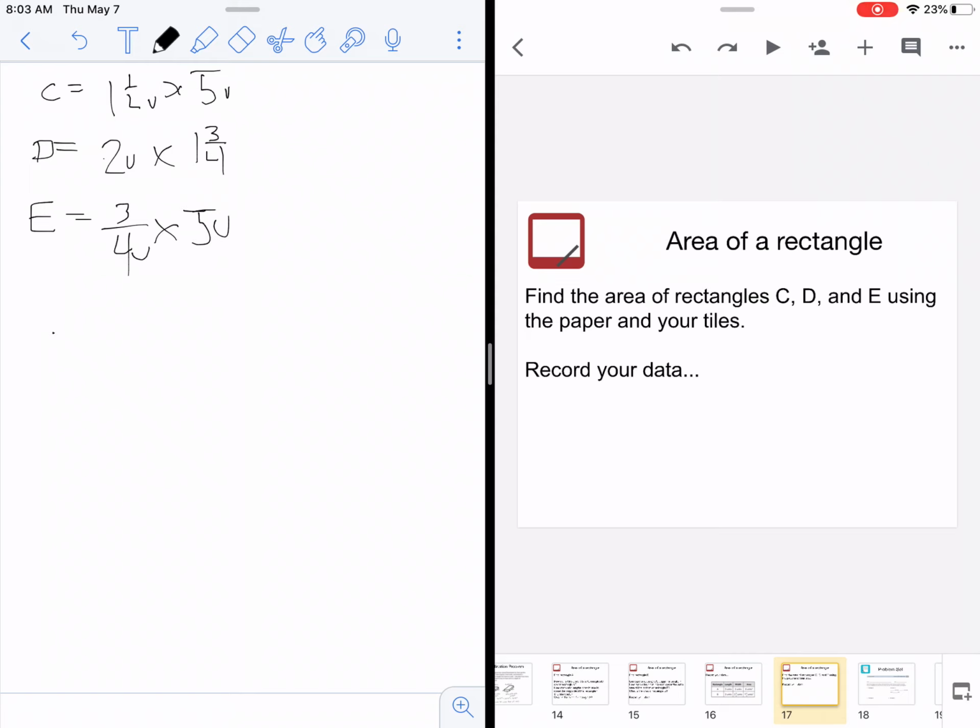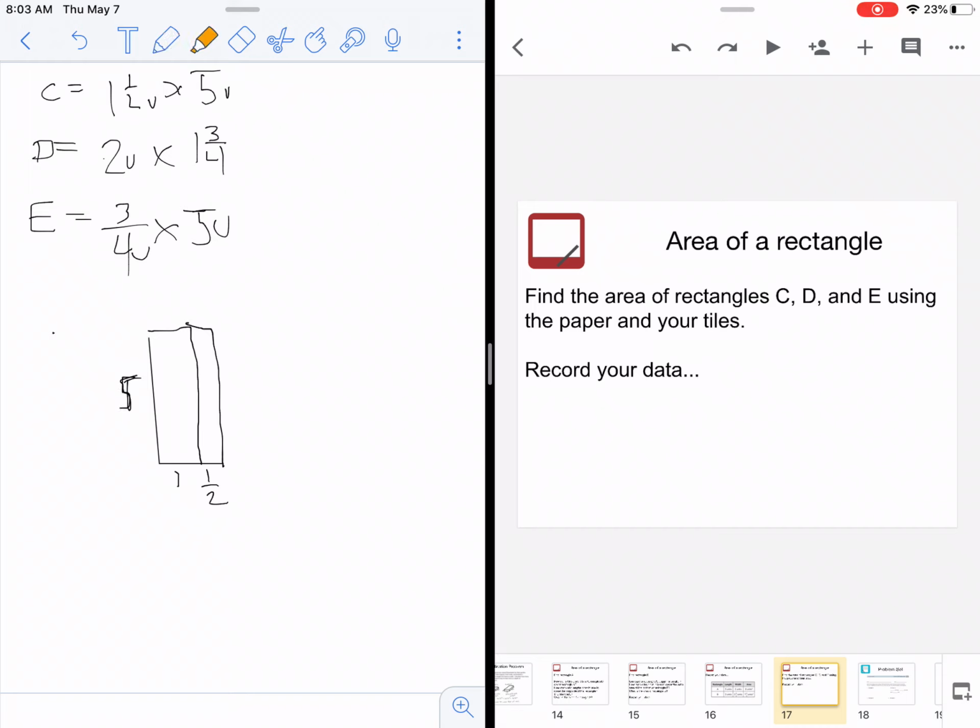So C is 1.5 units length and 5 units tall. Okay, so this represents 1, this represents 1/2, and then this represents 5.